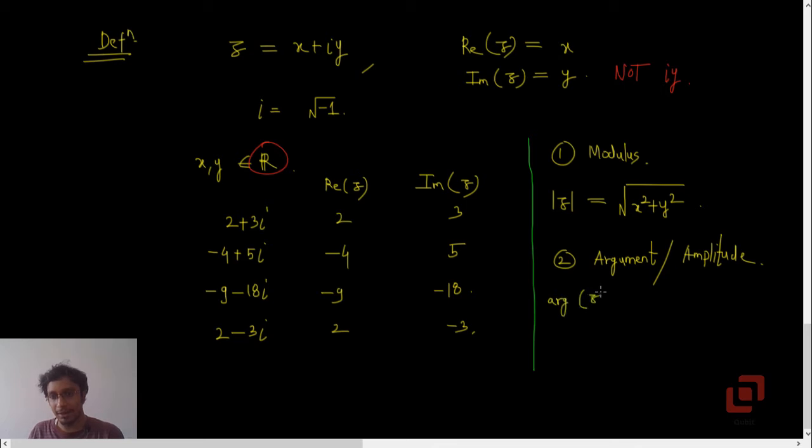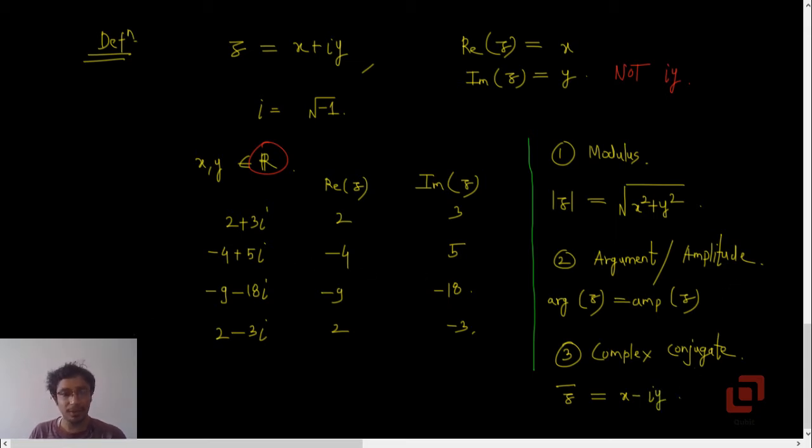We call it arg z or amp z. Both are synonyms. I will tell you how to define argument or amplitude later. And the third thing is the complex conjugate of any complex number, denoted by z bar and defined as x minus iy.